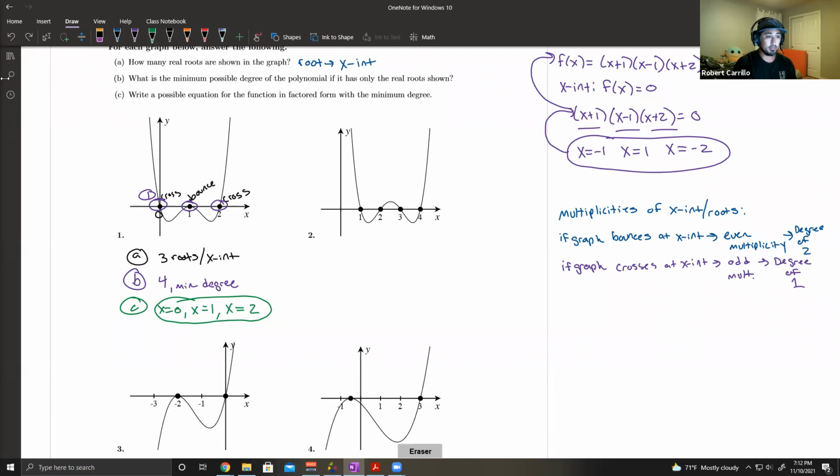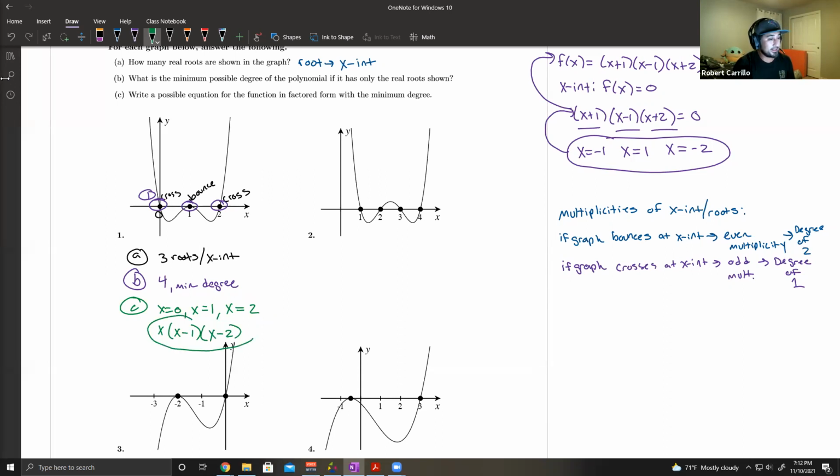So if I have x equals 0, then my polynomial will just start with x. If I have x equals 1, my polynomial will have x minus 1. And if I start with x equals 2, my polynomial will also contain a factor of x minus 2. Now think about it.